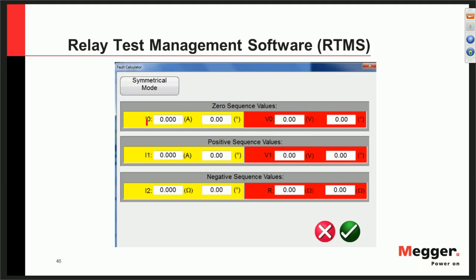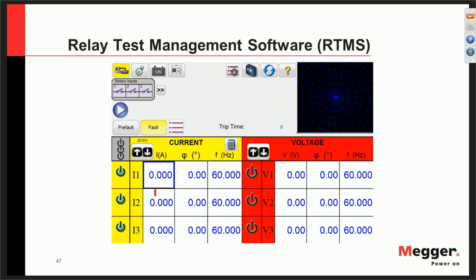I was explaining that software will do all the mathematics behind sequence components. We do have software like that called RTMS, Relay Test Management Software. You can put in all the values, and the software will compute all the mathematics behind that and give you the phasor values in this format, and then you can inject that into the test equipment.